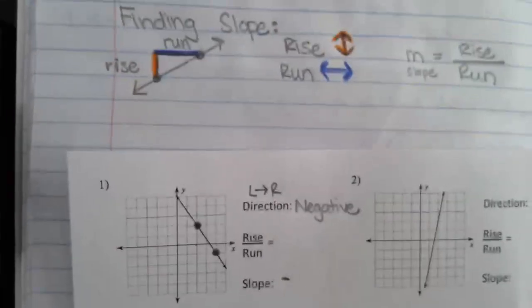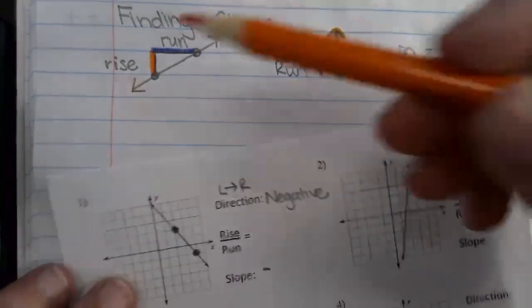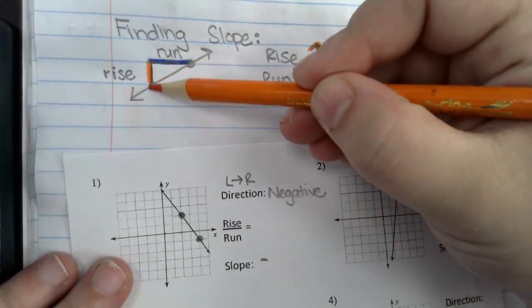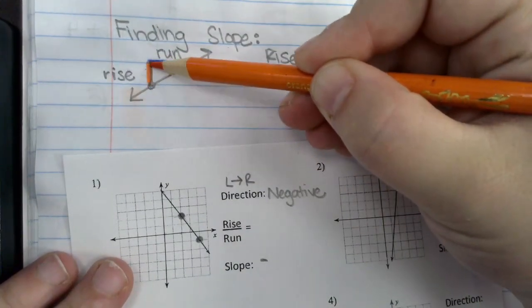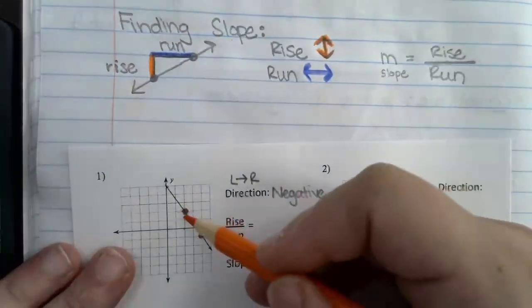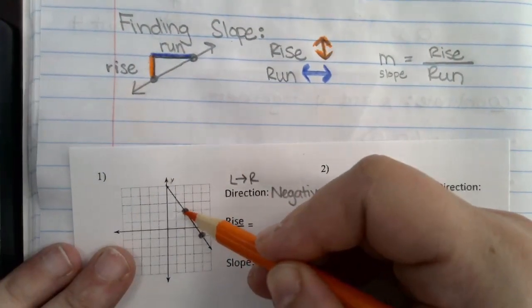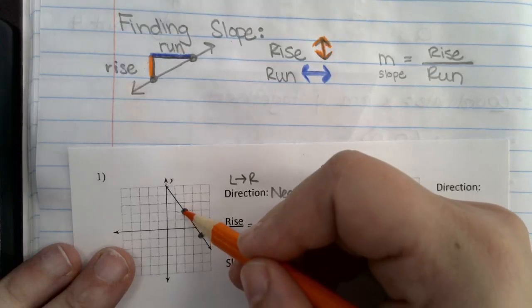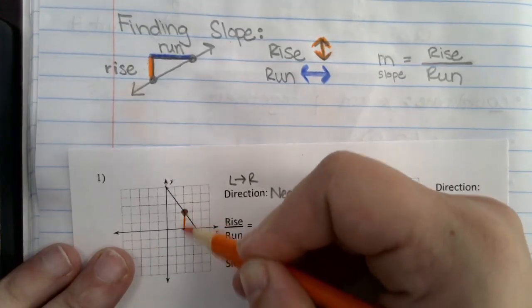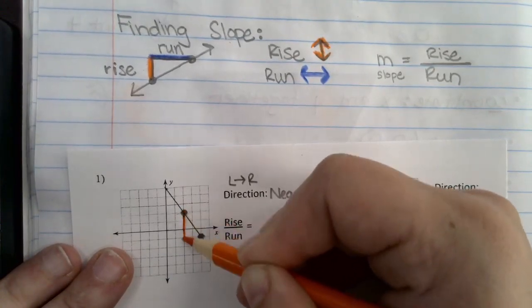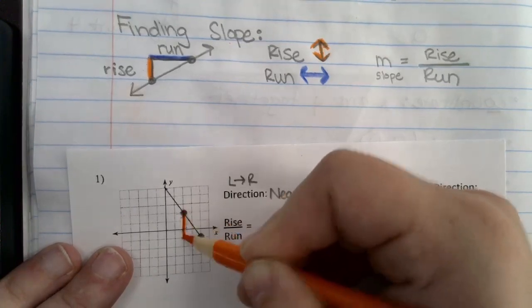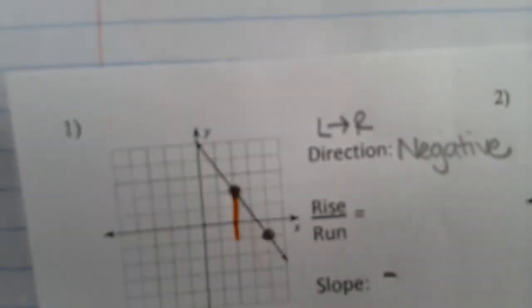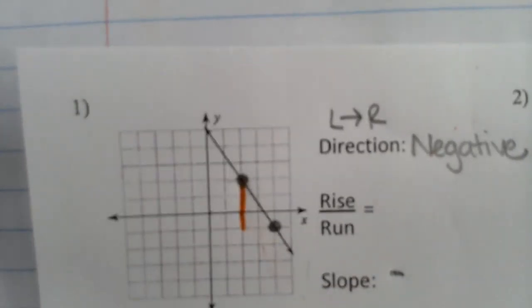All right, now we're going to do our rise and our run. Our rise goes up and down. So I'm going to start on my left side. Am I going to go up or down? Down. And what I'm doing here is counting how many straight down do I go. I'm following those lines on the graph. I'm not creating a new line.